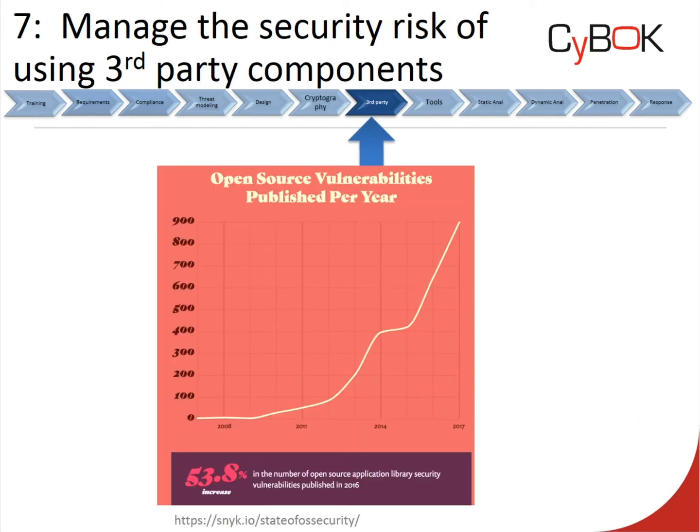Number 7, manage the security risk of using third-party components. So in today's day and age, everyone is using third-party components, open source components. So they're using libraries and different algorithms that come from an open source or external third-party location.